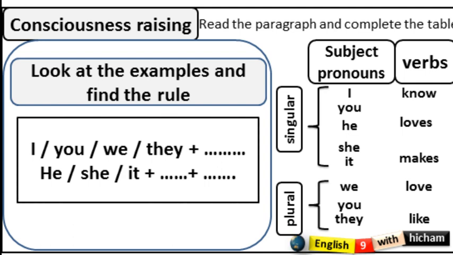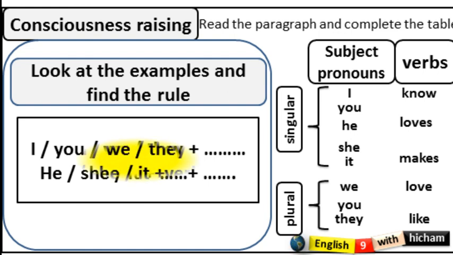So this is the frame of our pronouns. They are categorized into categories: I, you, we, they. This is the first category, and then we have he, she, it. This is the second category, and there is a kind of distinction between these two categories. So you have to look at the examples and put down the form and the rule of simple present that we are going to work with later on.